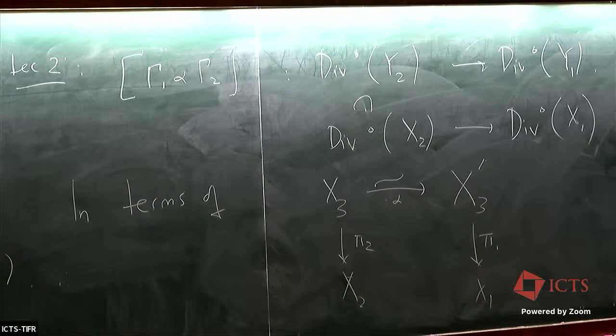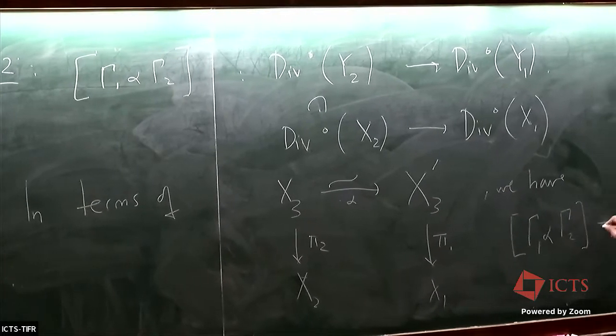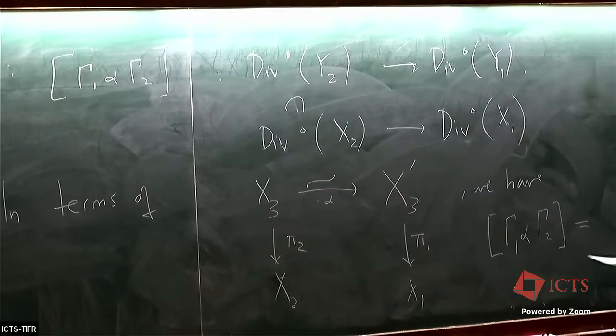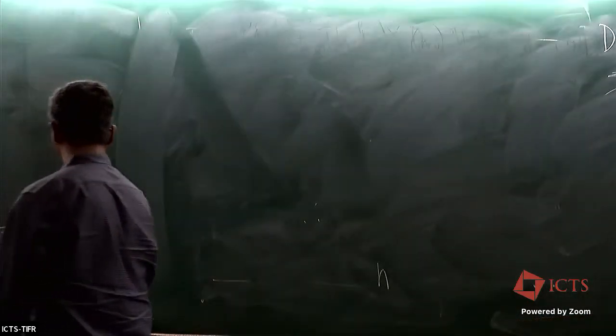In terms of this, we have the obvious formula that Gamma 1 alpha Gamma 2 is given by pulling back first under this map pi2, multiplying by alpha, and then pushing forward by pi1.